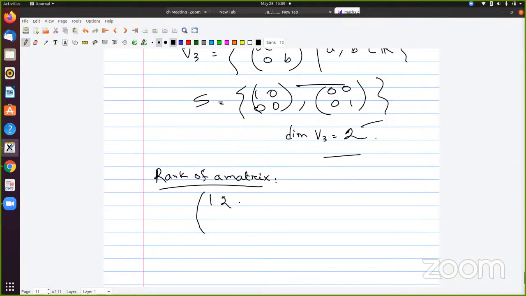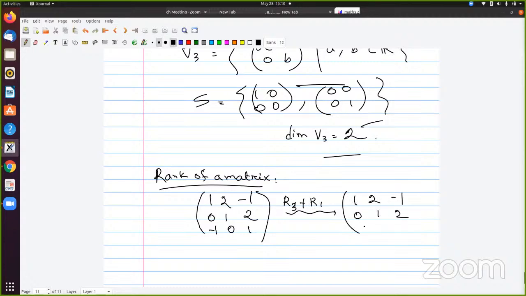Suppose I am starting with this. These are the number of non-zero rows. Basically, I have to do row operations and convert it into reduced row echelon form, right, sir?